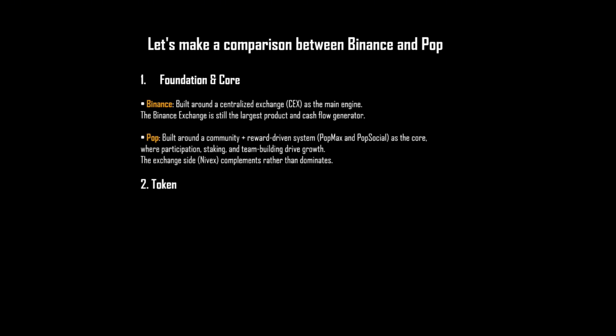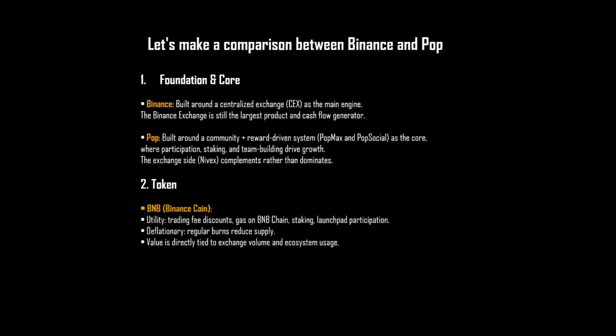Let's take a look at the token. So Binance Coin: utility, trading fee discounts, gas on BNB chain, staking, and launchpad participation. It's deflationary, same there. Regular burns reduce supply. Value is directly tied to the exchange volume and ecosystem usage.